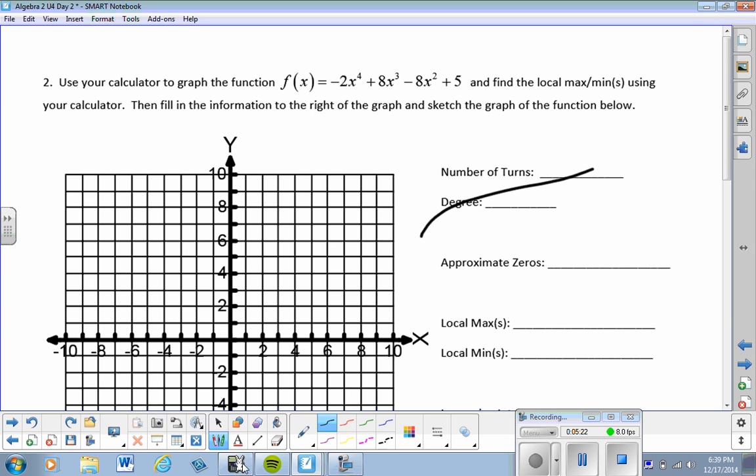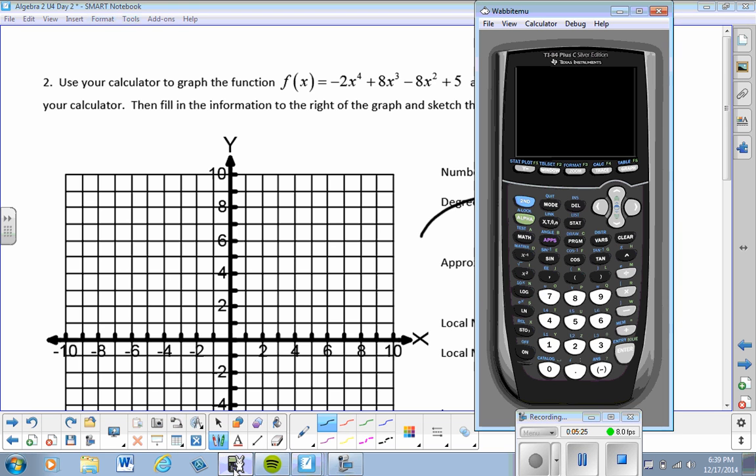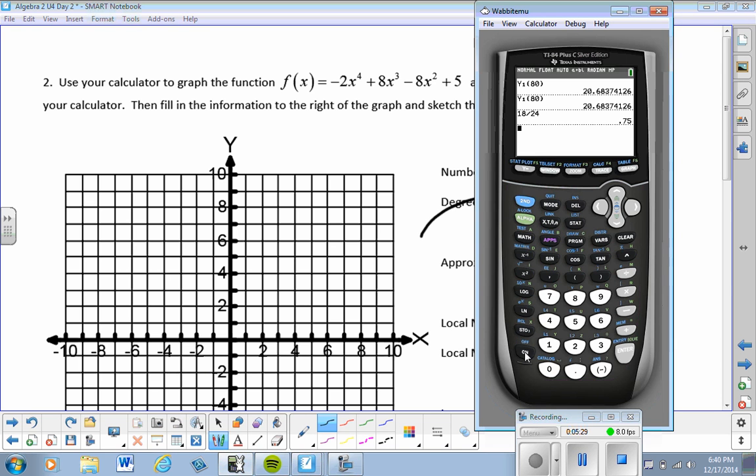Alright, so let's go ahead and graph this. We'll turn this on, hit y equals. Clear that out. Turn the plot off.